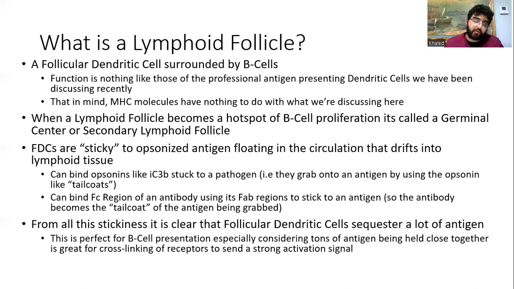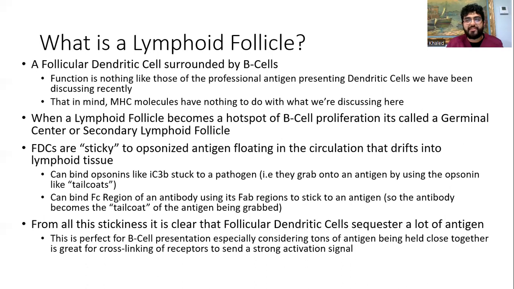opsonin receptors. And you remember when we talked about opsonins before, an example I like to give is when we talk about, say, antibody acting as an opsonin, the FAB regions will bind an antigen, and the FC region will bind the FC receptor on a macrophage, and the macrophage will grab that FC region via its receptor and drag it in and destroy it.